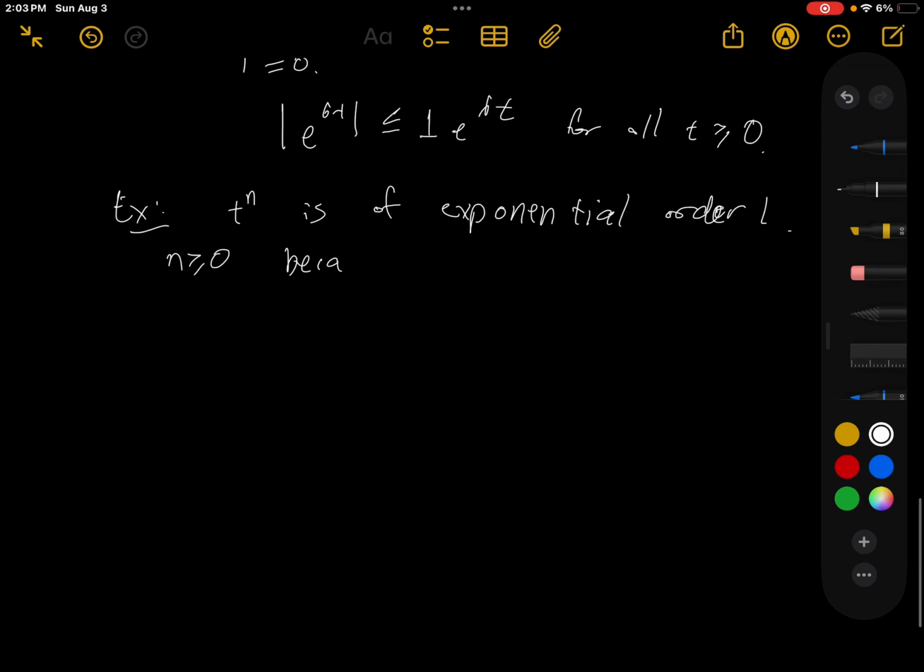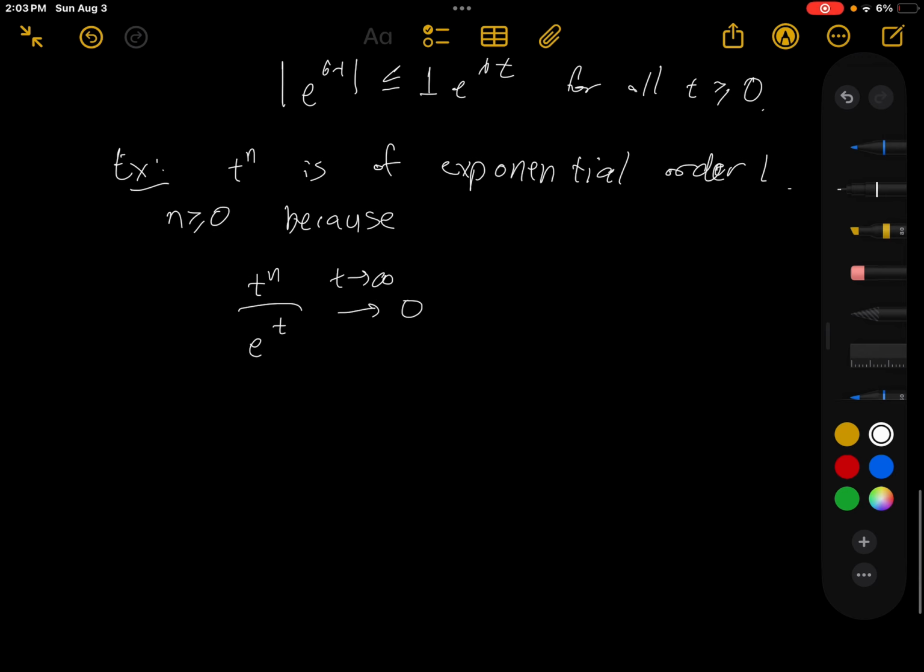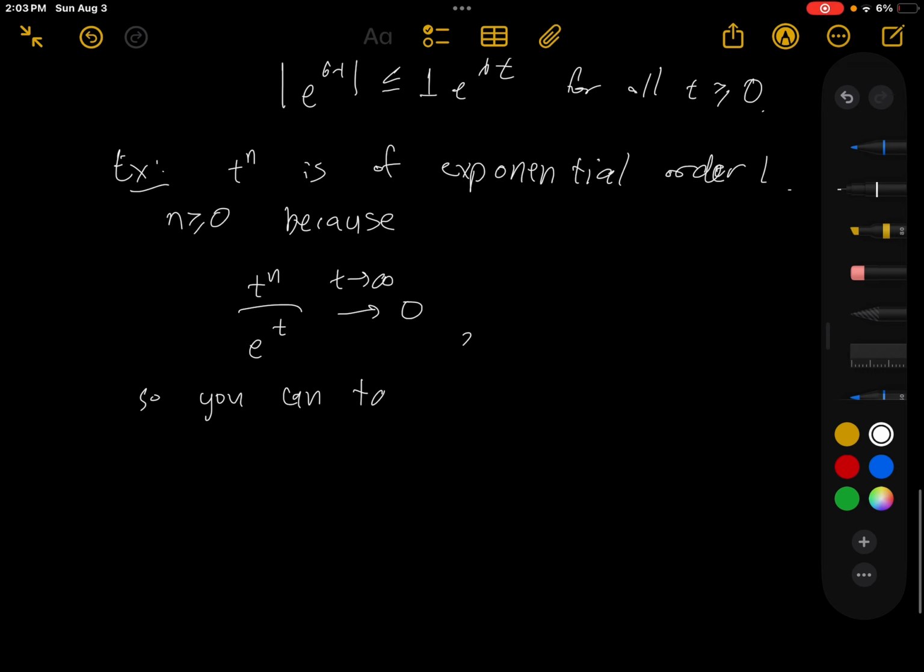Because if you look at t to the n over e to the t, that's going to approach 0 as t goes to infinity, by L'Hopital's rule. So what that means is that you can take m to be 1.